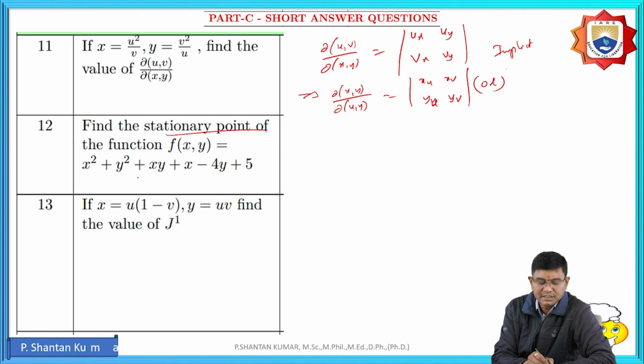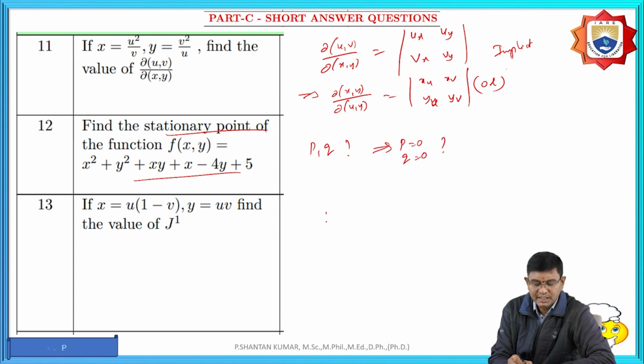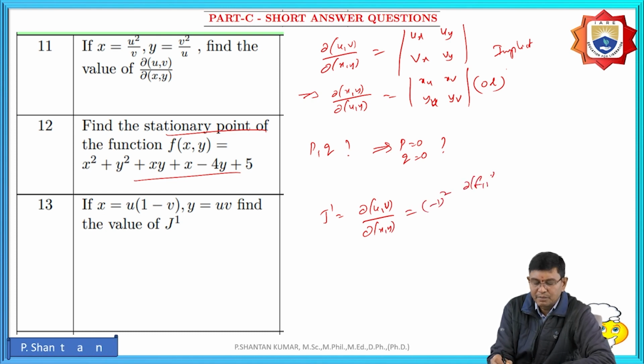Find the stationary points. That means here we need to find p comma q, where p is equal to 0 and q is equal to 0. You find the solutions. And z dash is nothing but dou of u comma v by dou of x comma y, which is minus 1 whole square of dou of f1 comma f2 by dou of x comma y divided by dou of f1 f2 by dou of u comma v.